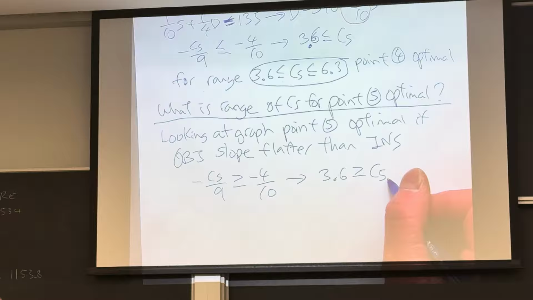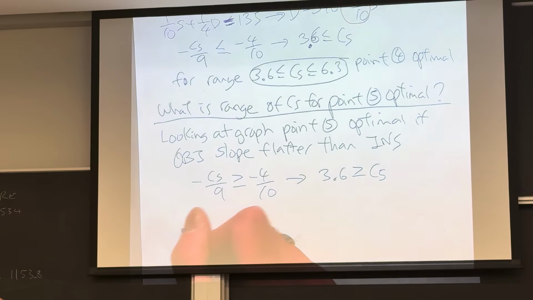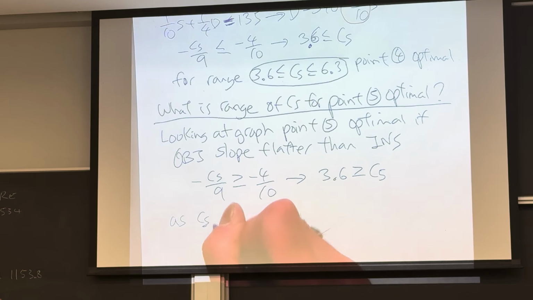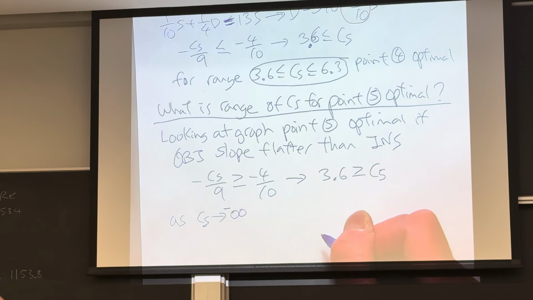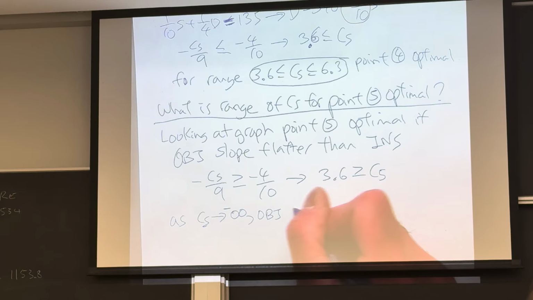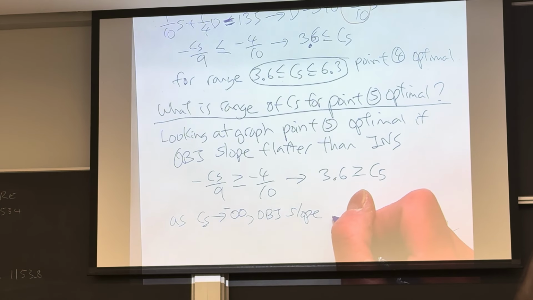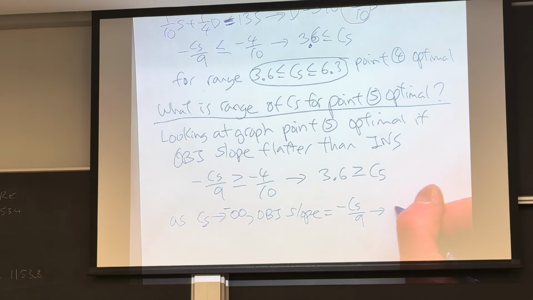So we see that CS becomes more and more, it drops from 3.6, maybe drops to 1, maybe drops to -5, -11, -1,000,000, and so on. So CS becomes very negative. The objective slope, which is minus CS over 9, becomes positive infinity.